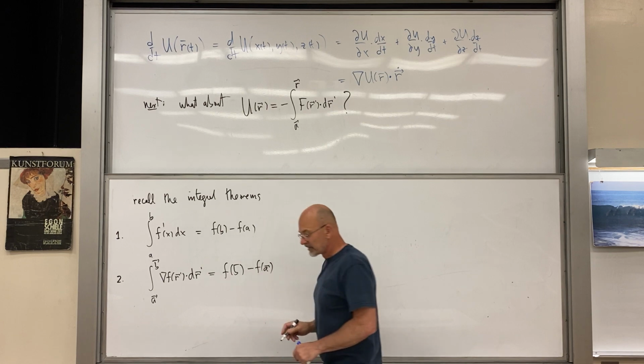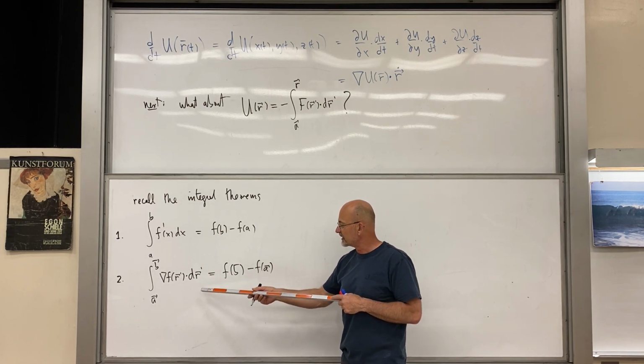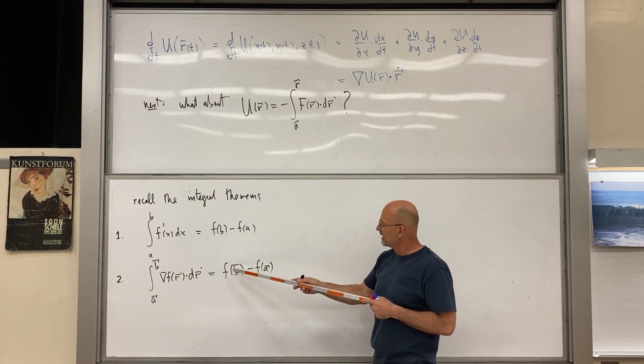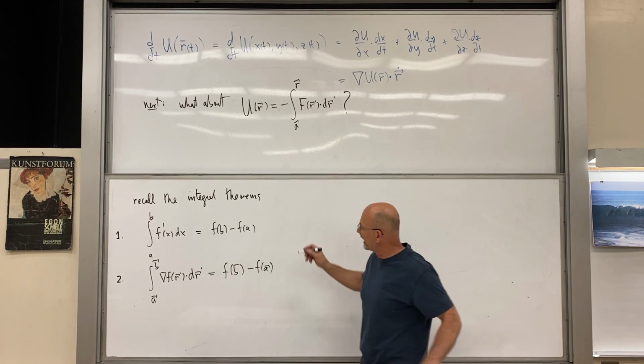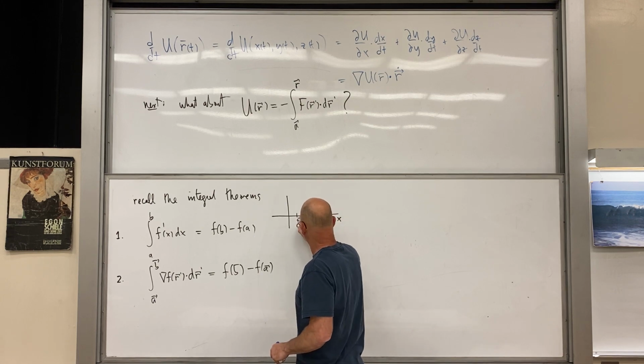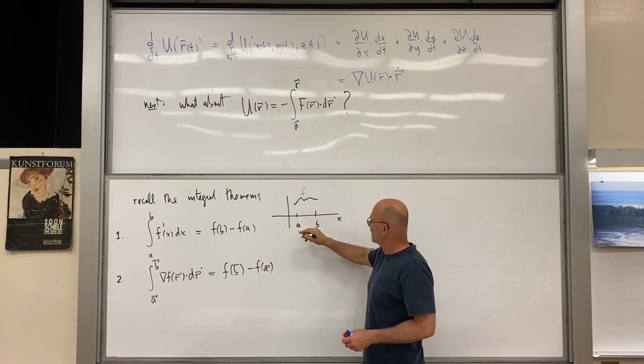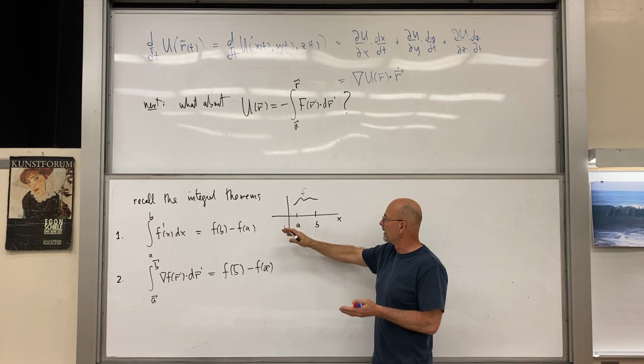Okay. So then we actually have to know how to do a contour integral. But this one looks so much like this one. And now this a and b are points in space. Let's even draw our picture. So here we had x, a to b, right? We know the area under the curve.